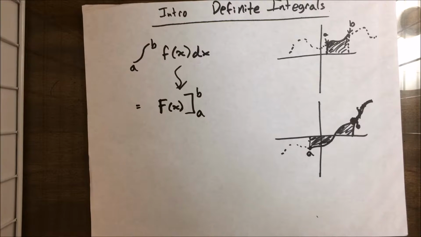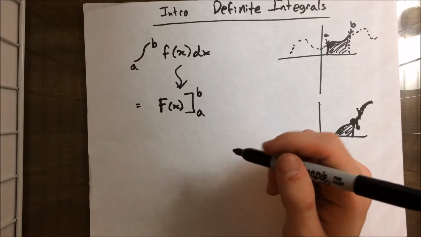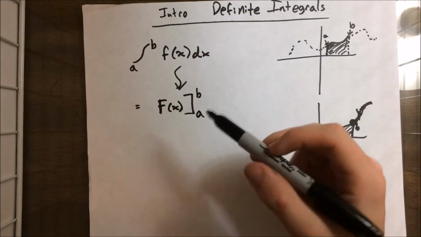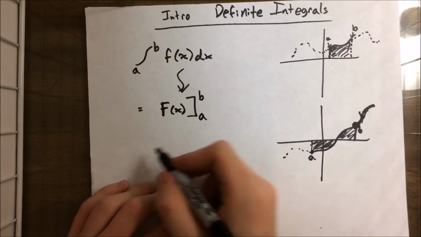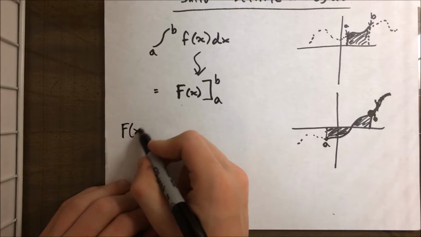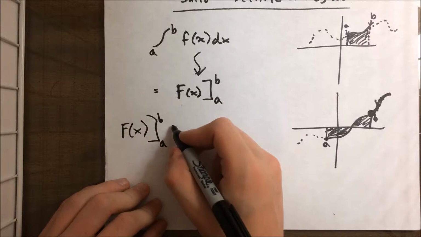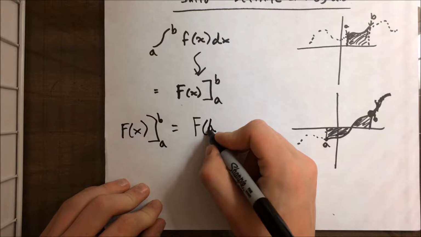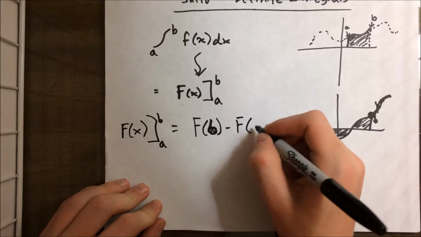That means the integral has been integrated, but you haven't actually plugged in the numbers yet. And so capital F of x, from a to b is equal to capital F of b minus capital F of a.